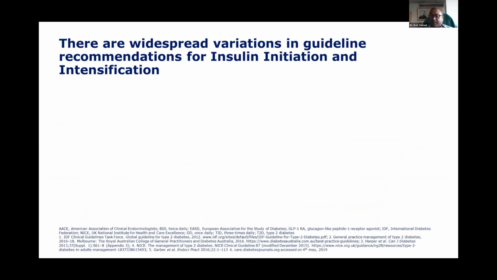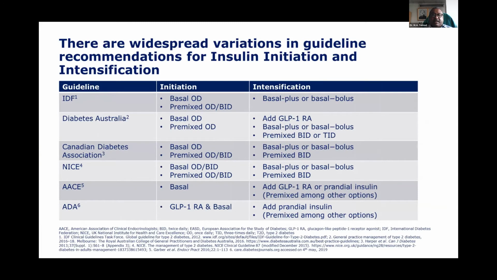We know, in Professor Ashrafuzzaman's slide, you saw there are various guidelines and recommendations. We have many guidelines and recommendations for insulin initiation and intensification. If we take the idea of one guideline, they have advocated to initiate insulin with basal once daily or premix once or twice daily, and intensify to basal plus or basal bolus.